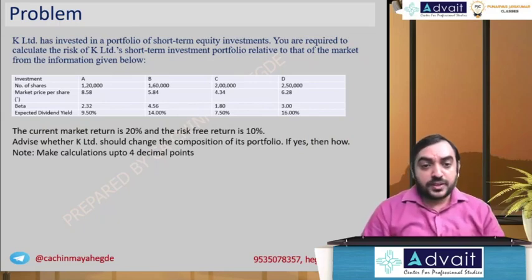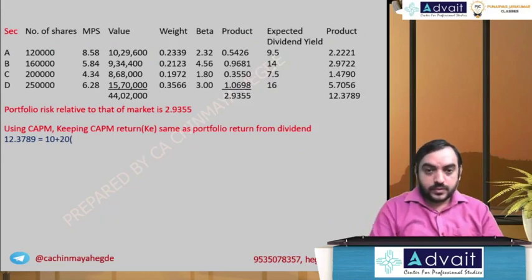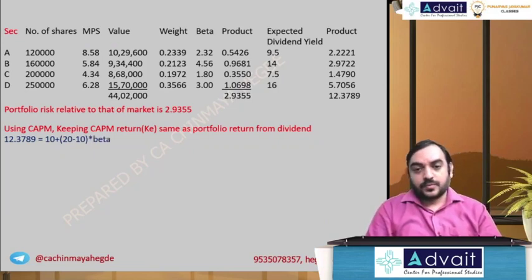Risk-free return is 10%. Market return is 20 minus 10 into beta. So what is the beta? Simplified calculation, you do it.